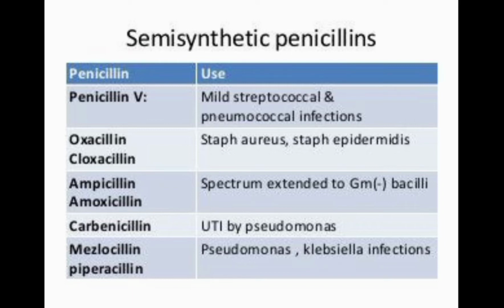Then ampicillin and amoxicillin, their spectrum is extended to gram-negative bacilli. Then carbenicillin, we use it on UTI, mostly caused by Pseudomonas aeruginosa. Then mezlocillin and piperacillin, we use them for Pseudomonas infections and Klebsiella infections.